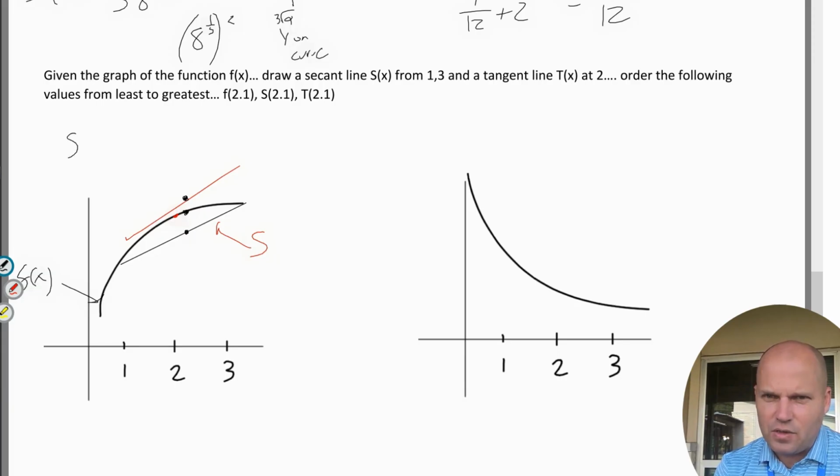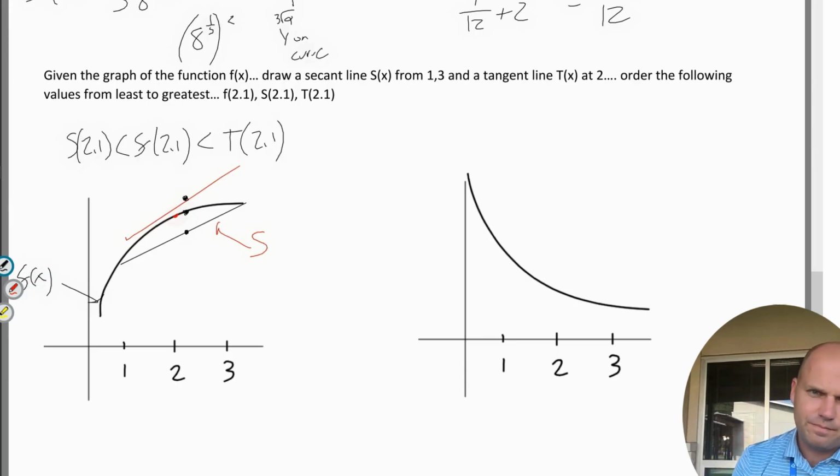The s value is the one on the bottom. The f value is the one in the middle, and the t value is the one on the top. There you go. Just order them. Same thing here.